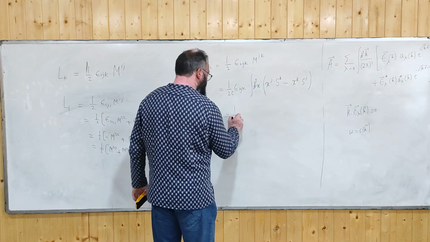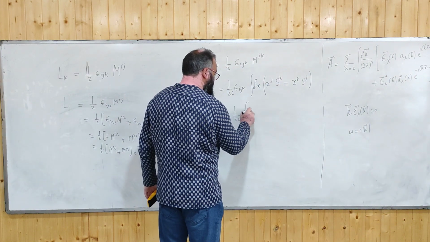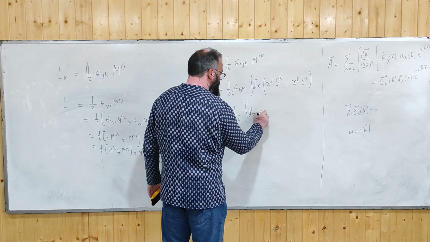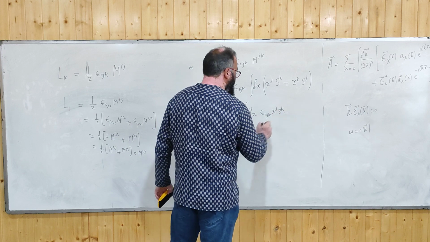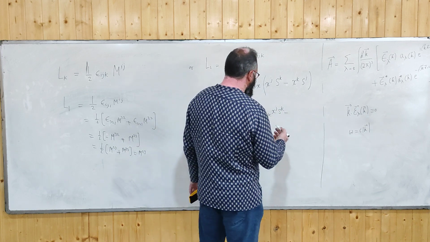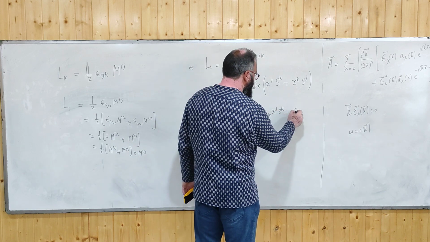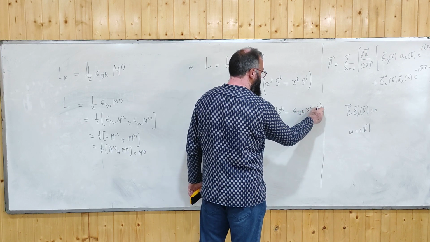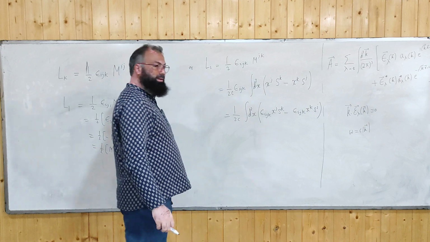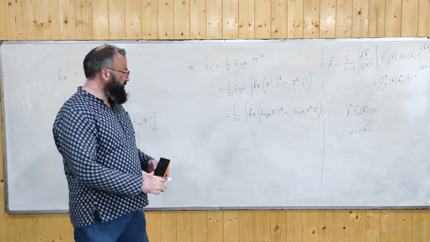So it's 1 by 2c, integral d3x epsilon_ijk x_j s_k minus epsilon_ijk x_k s_j. So what is this object?